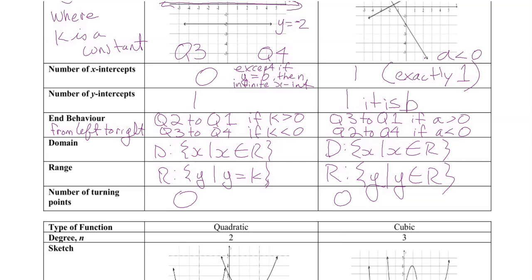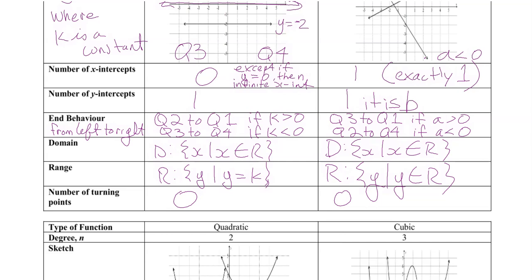So that table contains all the characteristics that we're going to look at for all types of functions, right? So every function we describe, polynomials, exponential, logarithmic, sinusoidal, which is a little different, but we'll ask about, well, how many x-intercepts are there?